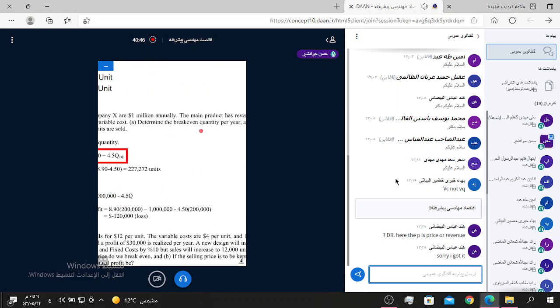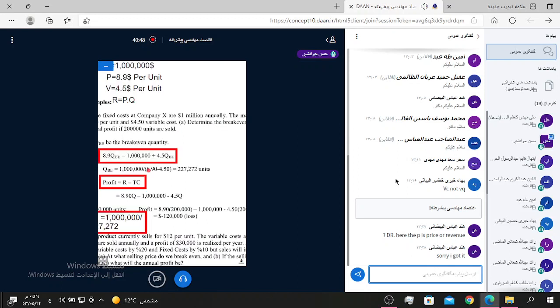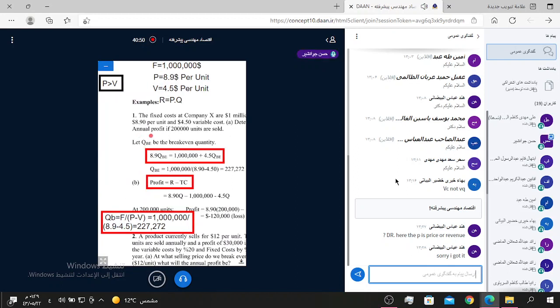A, determine the break-even quantity per year, and B, annual profit if 200,000 units are sold.